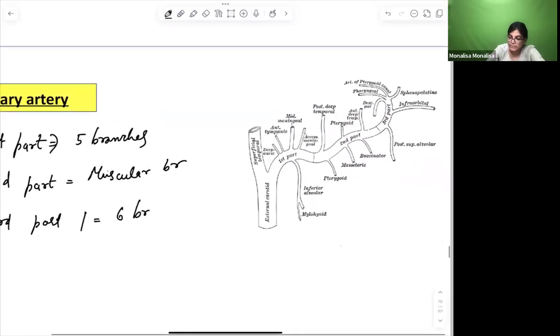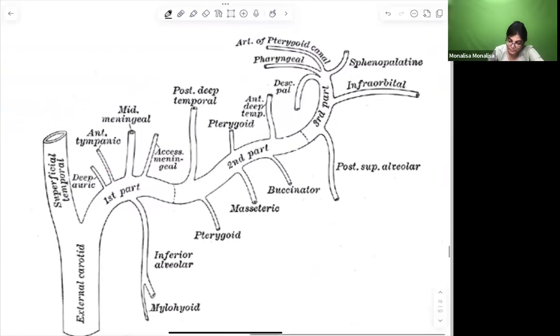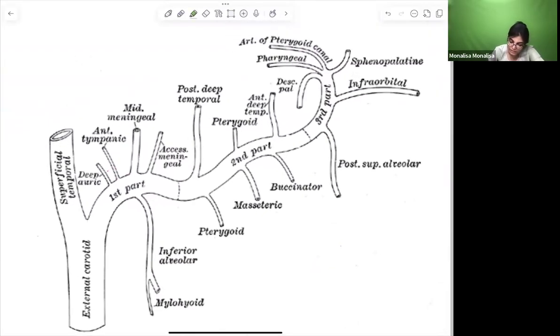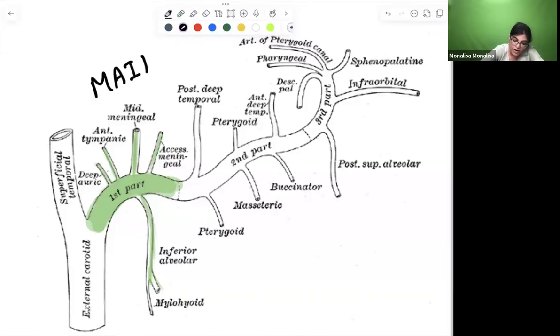Now see this image. This is the first part of the maxillary artery, and from the first part it gives 5 branches. The mnemonic for these branches is MAID, Mada or Damia.